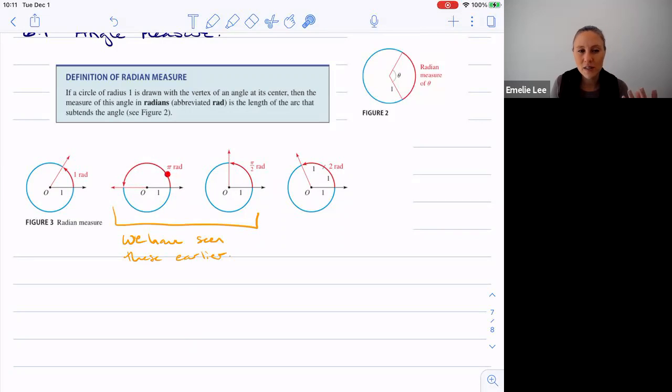It gets a little bit confusing because we talk about this as the angle, but also the distance on the circle as the angle. But if you think about it, they're definitely related, right? And so that's what radians are. So pi radians, well, that's just the distance from our starting point here and halfway through.